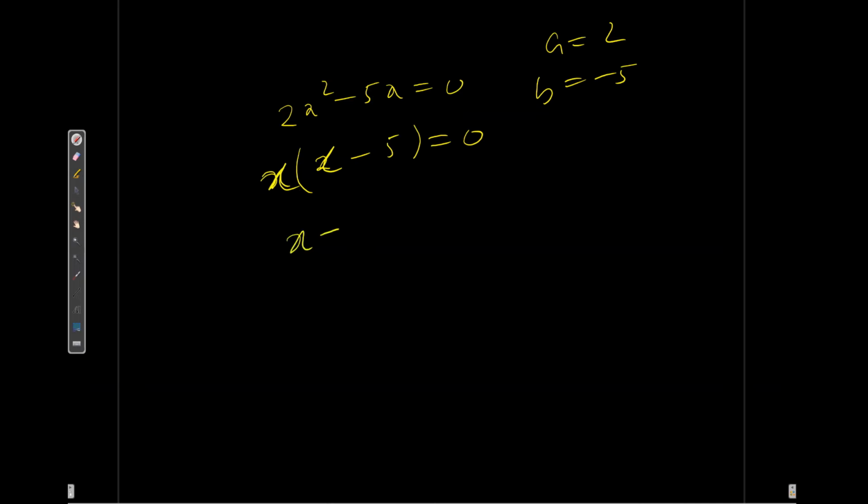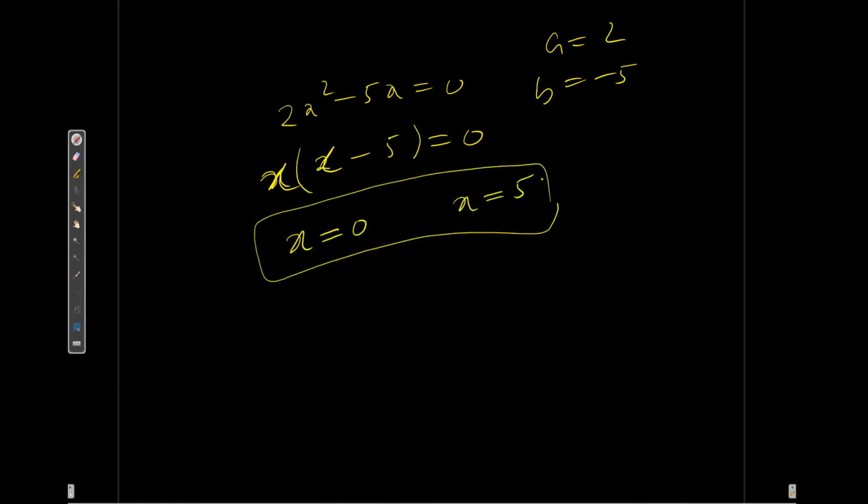That means either x is going to be 0 or x is going to be 5. Wait a minute, I made a mistake here. So x here, it should be 2. So 2x minus 5, so x is going to be 5 over 2. Okay, now that's correct.